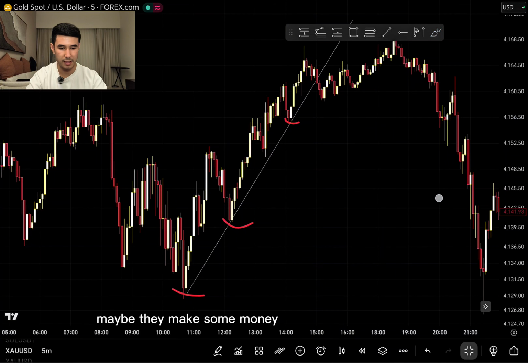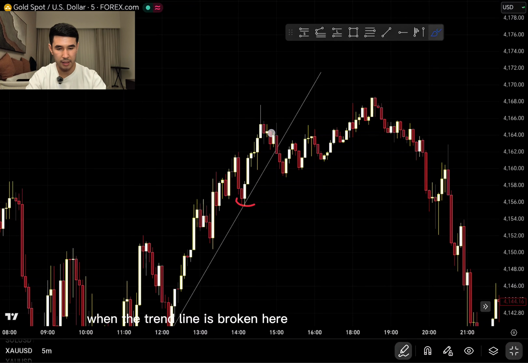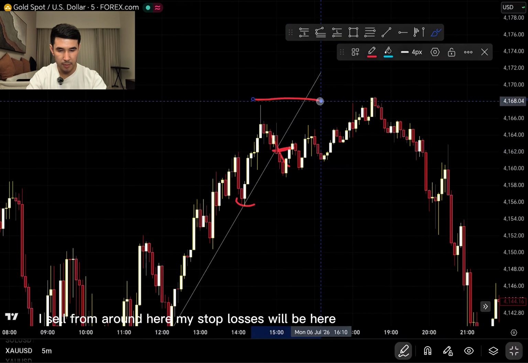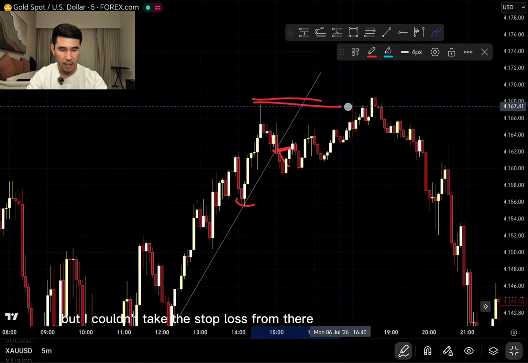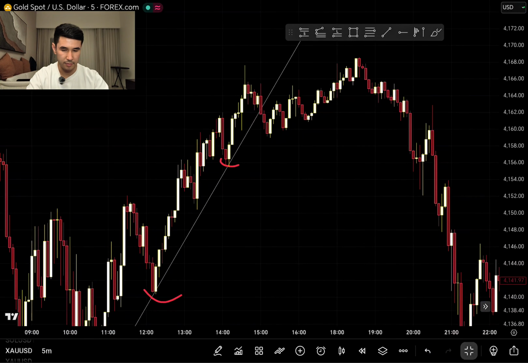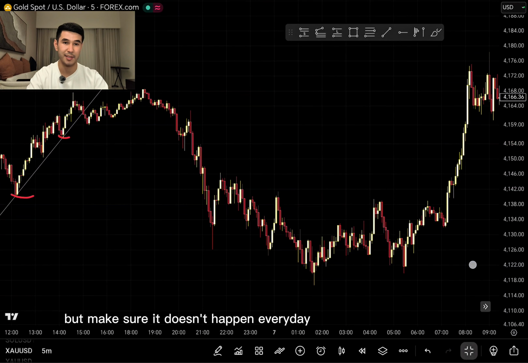Yes, maybe they make some money. But me, I could have sold from here. When the trend line is broken here, I sell from around here. My stop loss will be here. The take profit is one to one, but I could have taken the stop loss from there. One time stop loss, it can happen. But make sure it doesn't happen every day.